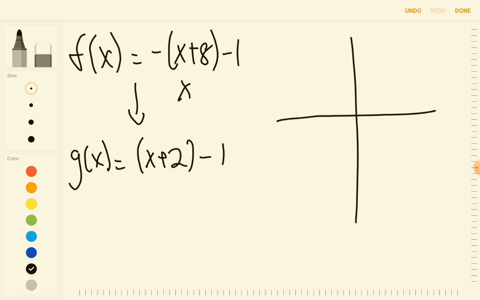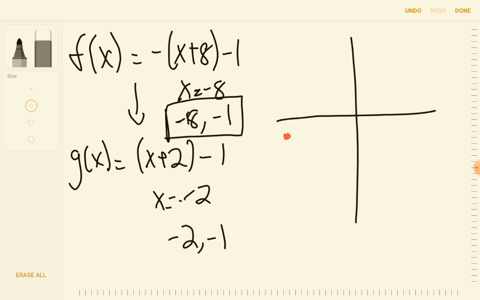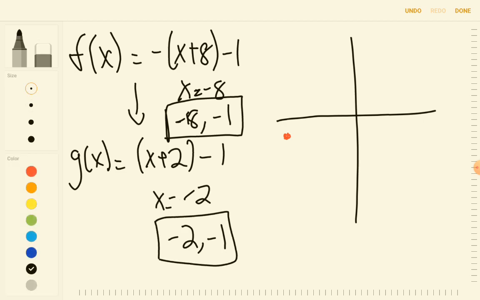And this would make x equals negative 8, so our vertex is negative 8, comma negative 1. And if we draw that out, that would be right here. And for this problem, we have x equals negative 2, so our vertex would be negative 2, negative 1. And that would be right over here.